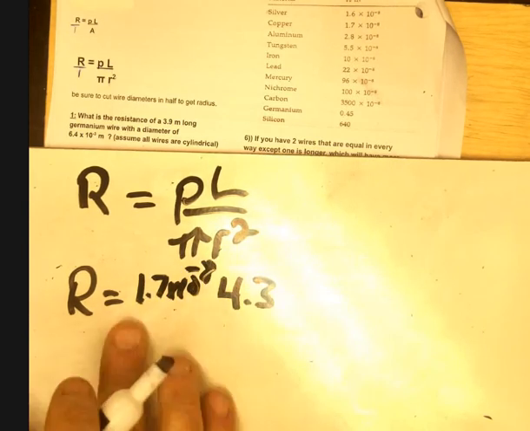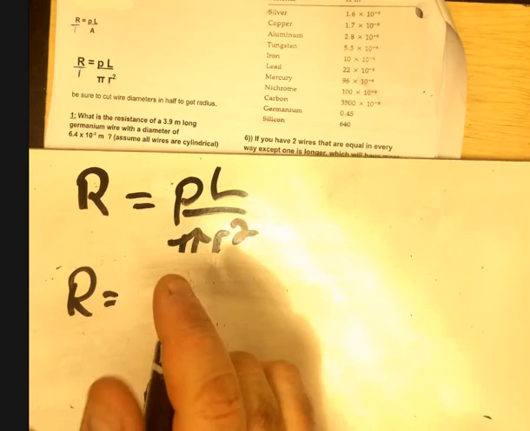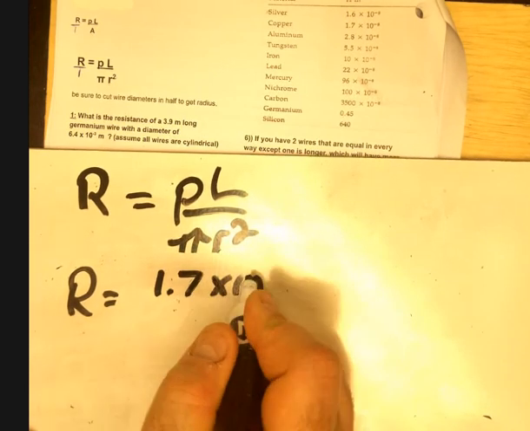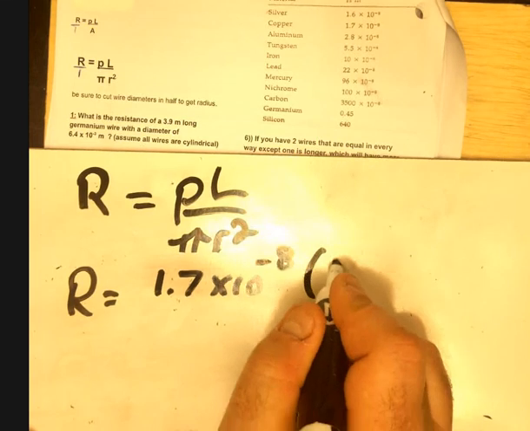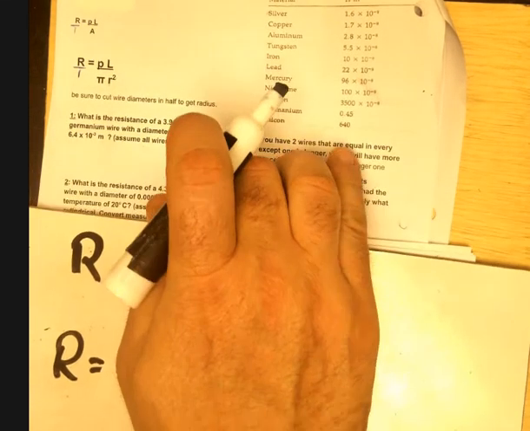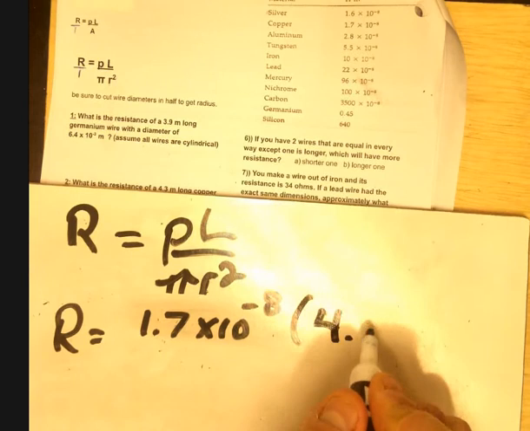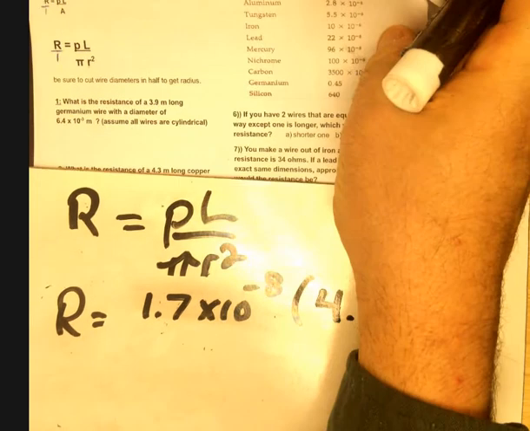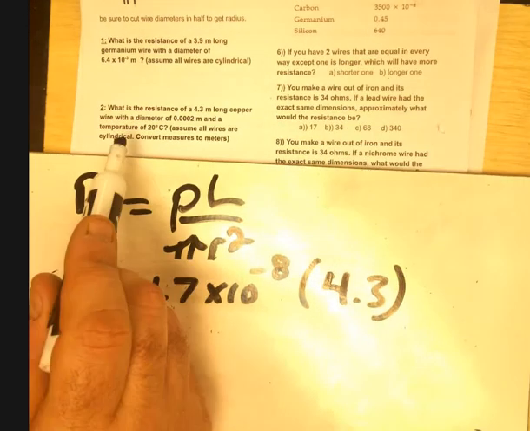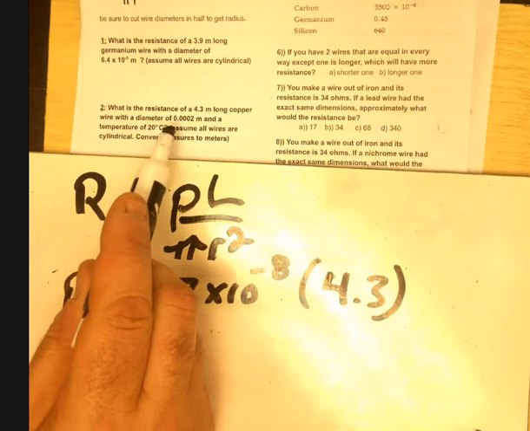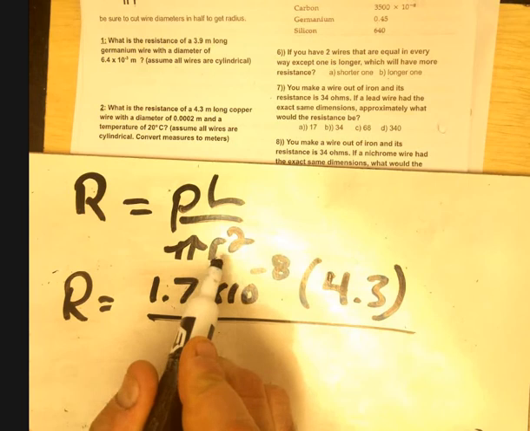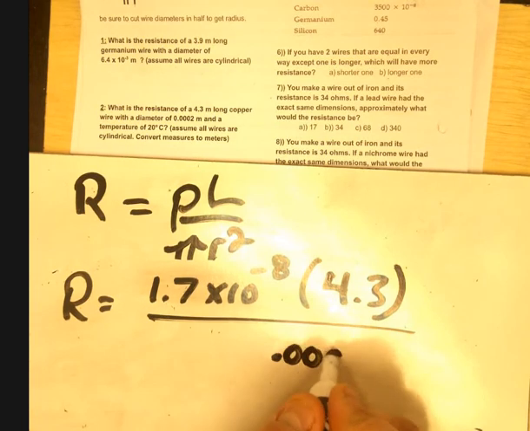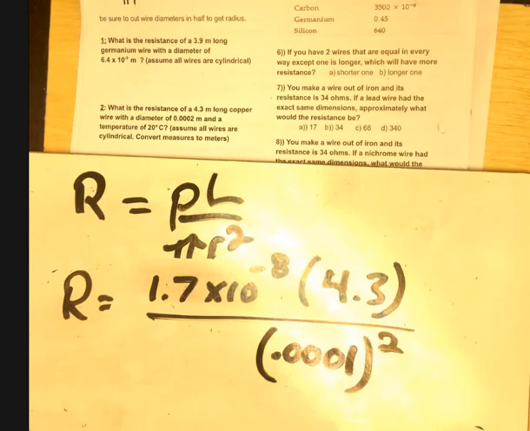Let's write that bigger. I'm going to multiply that times the 4.3. Has a diameter of 0.0002 meters, so that means that the radius down at the bottom is going to be 0.0001, and we got to square that, and we got to bring down the pi.